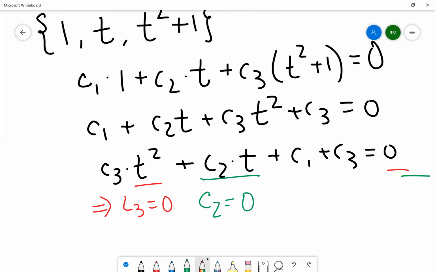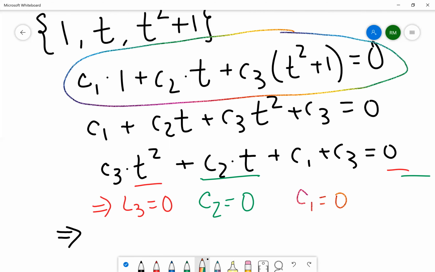At that point, it's not hard to deduce that c1 must be 0 as well. So the only solution to the equation is all zeros: c1, c2, c3 are 0, which tells us that our set of vectors is linearly independent.